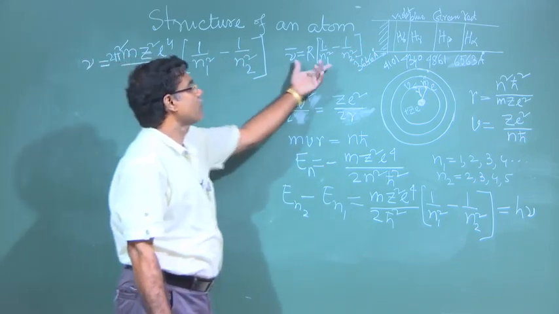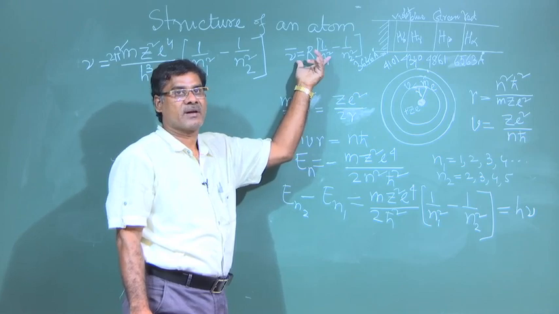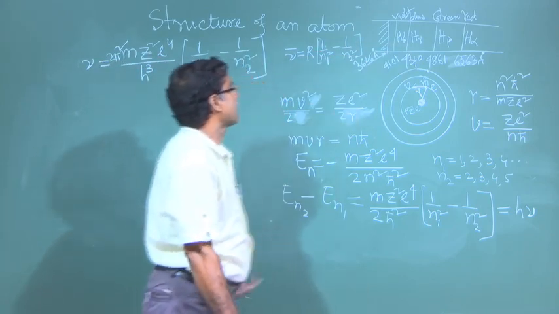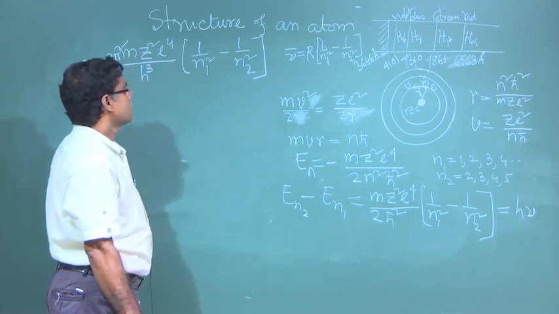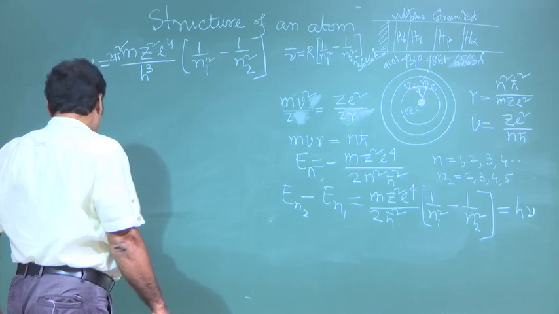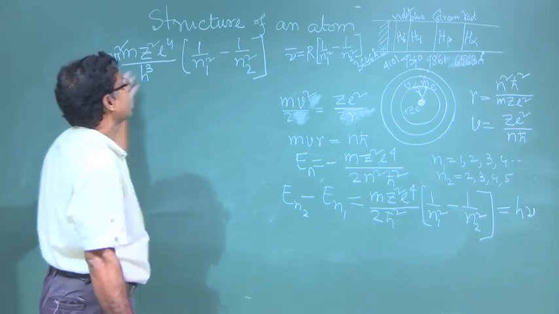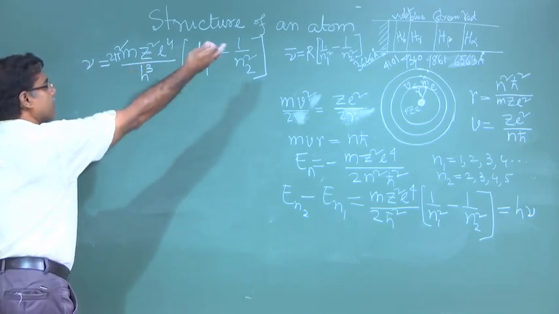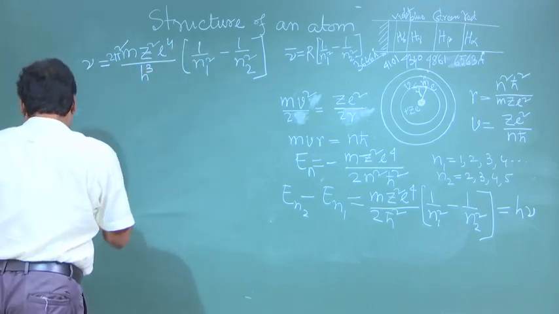So, that is the empirical formula. In 1885 it was given to explain the atomic spectra. And from the Bohr model, whether we can get this or not. So, that is the first thing, if we get it, it will be able to explain that, and we are going to achieve that.